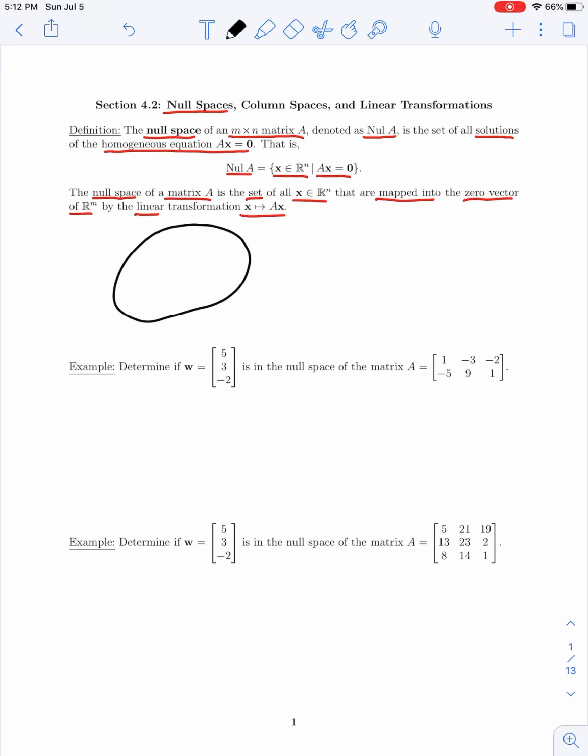our vector space Rn, and we have a linear transformation T, which is a matrix transformation where elements x are mapped into Rm by the transformation A times x.